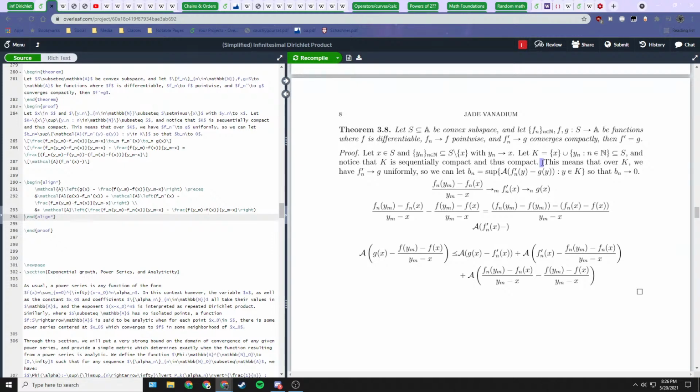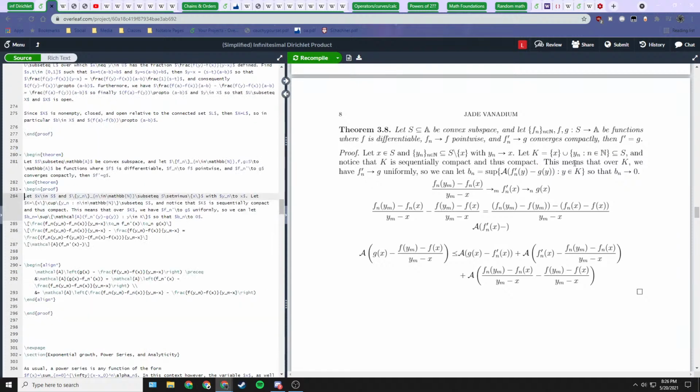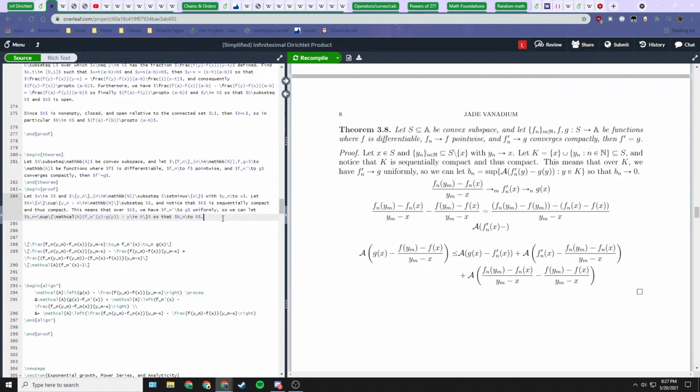Because F_n prime of y is going to 0, B_n is the supremum across all y, and B_n goes to 0, so we can also put B_n in a compact set, and that gives us a sort of mutual uniform convergence, I think.